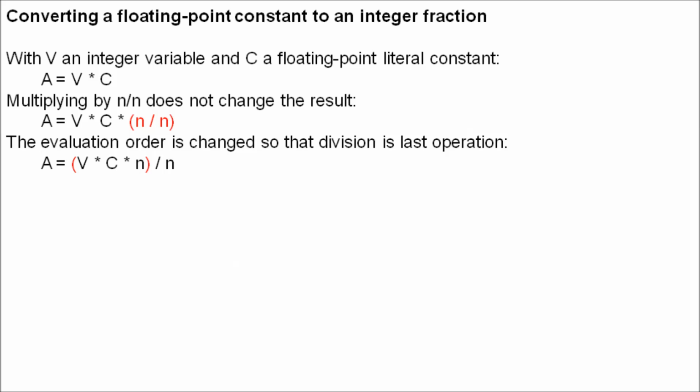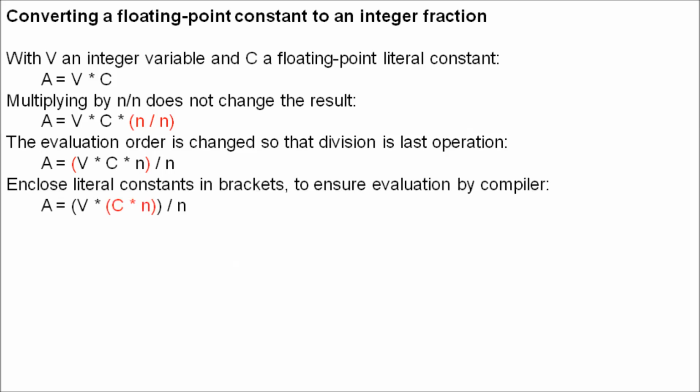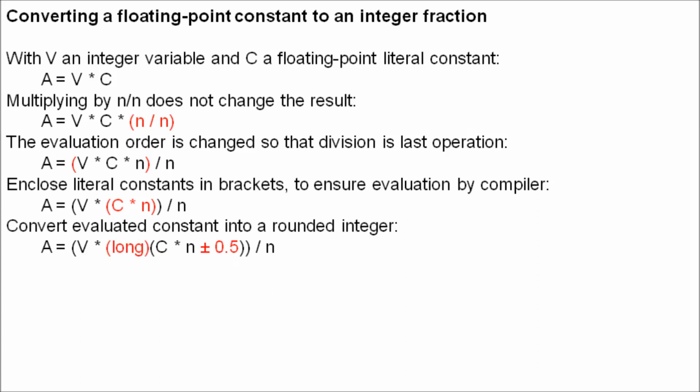The evaluation order is changed so that the division is the last operation performed. Enclosing c times n in brackets ensures it will be calculated during compilation and not at runtime. This is because both the constant c and n are literal constants. As the constant c is a floating point value, the expression c times n will produce a floating point result.